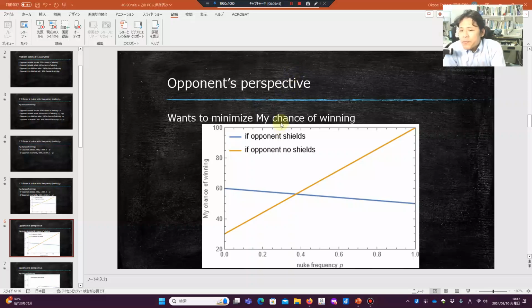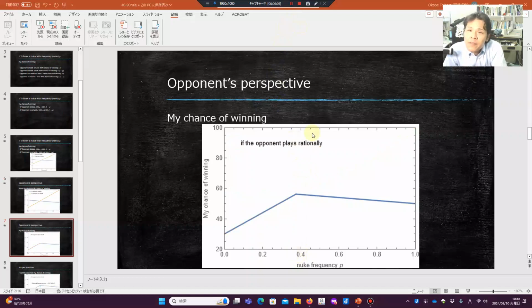And to do so, the opponent should shield if my p is larger than about 40%, and the opponent should not shield if p is less than about 40%, right? So if the opponent plays rationally, then my chance of winning becomes this as a function of probability p.